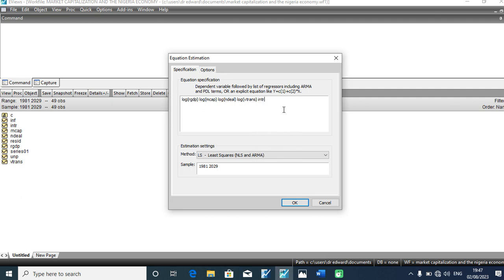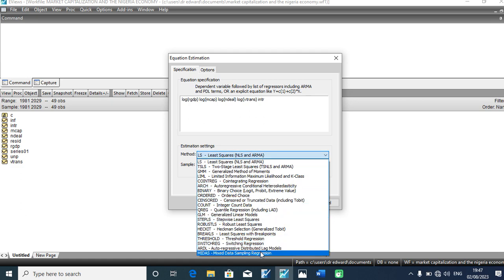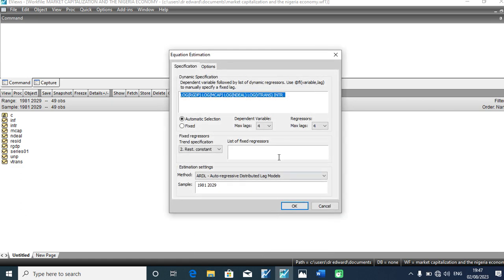I think this was the equation I used the other time in ARDL estimation. My lag will remain lag 2. I'm choosing lag 2, fixed regressors, restricted constant.